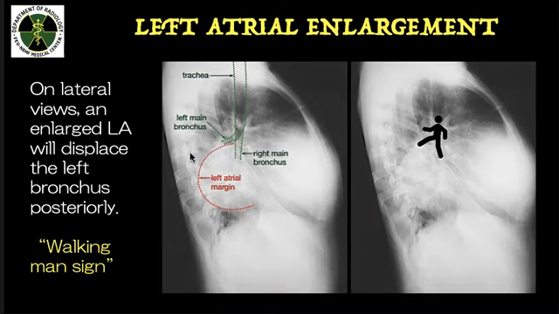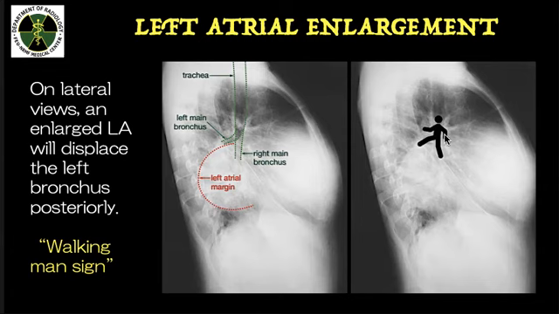So there will be displacement of the left main bronchus. That's your walking man sign. This is a sign of your left atrial enlargement, because this is the area of your left atrium. So there is posterior displacement.